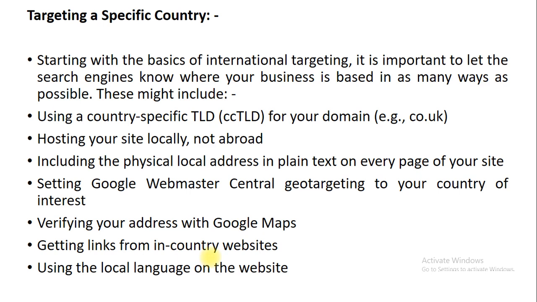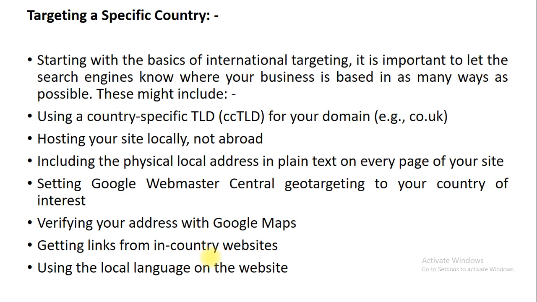Next is including a physical local address in plain text on every page of your business. See, when you are going to target a specific country, these are the points which every website needs to include. Number one, you need to include a top level domain, you need to host your website locally, and you need to include the physical address of your business.